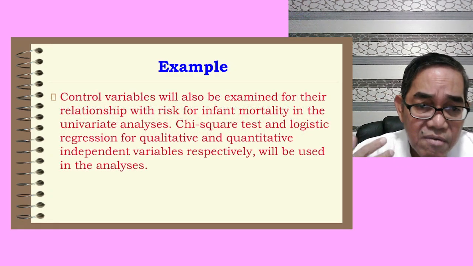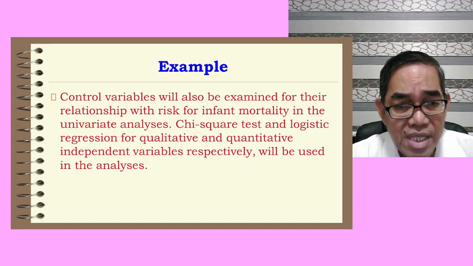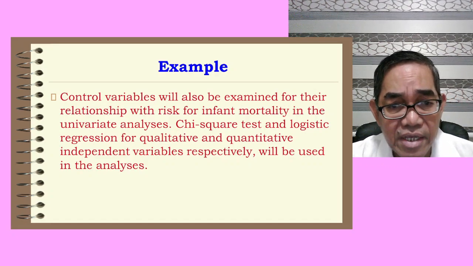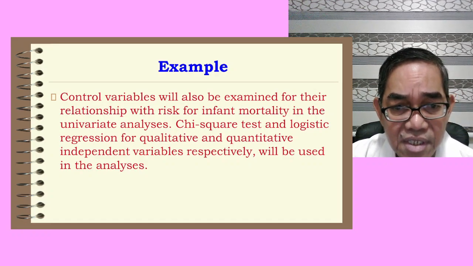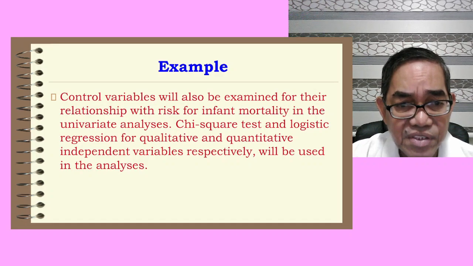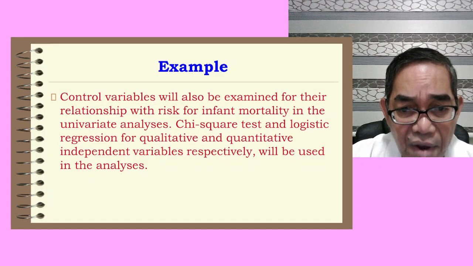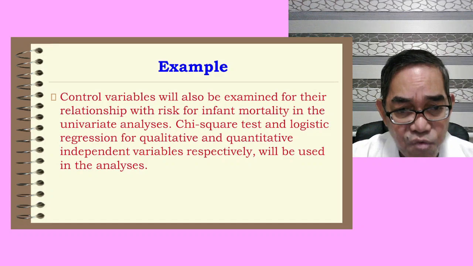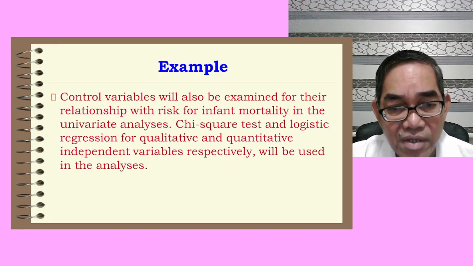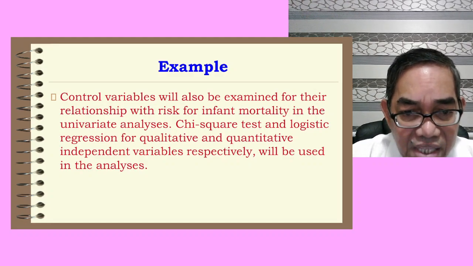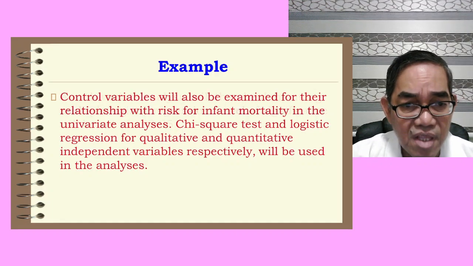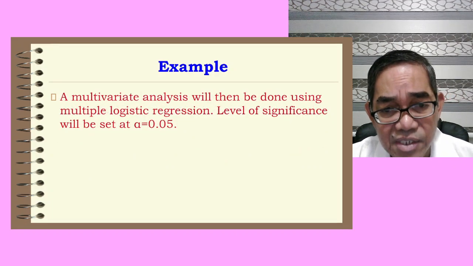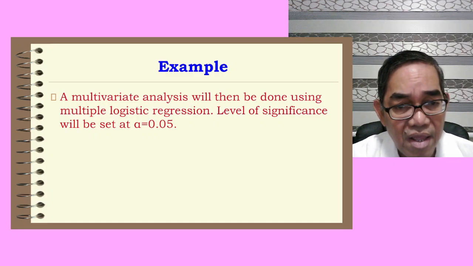Control variables will also be examined for their relationship with risk for infant mortality, first in the univariate analysis using chi-square test and logistic regression for qualitative and quantitative independent variables respectively. So for qualitative, chi-square test; for quantitative independent, logistic regression. Then a multivariate analysis will be done using multiple logistic regression.